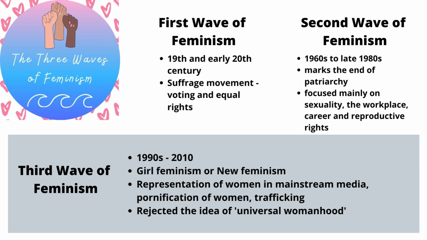The second wave of feminism was basically during the 1960s to the 1980s. The second wave is considered a remarkable event in human history, and they claim that it marks the end of the patriarchy.